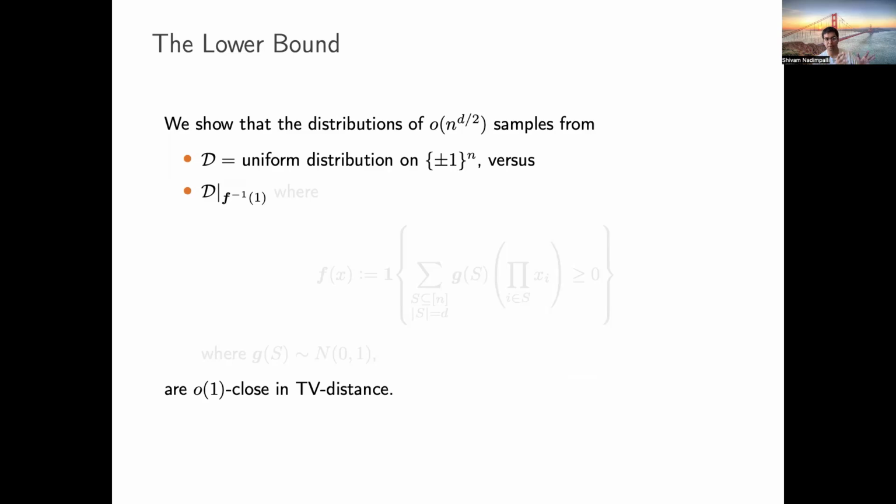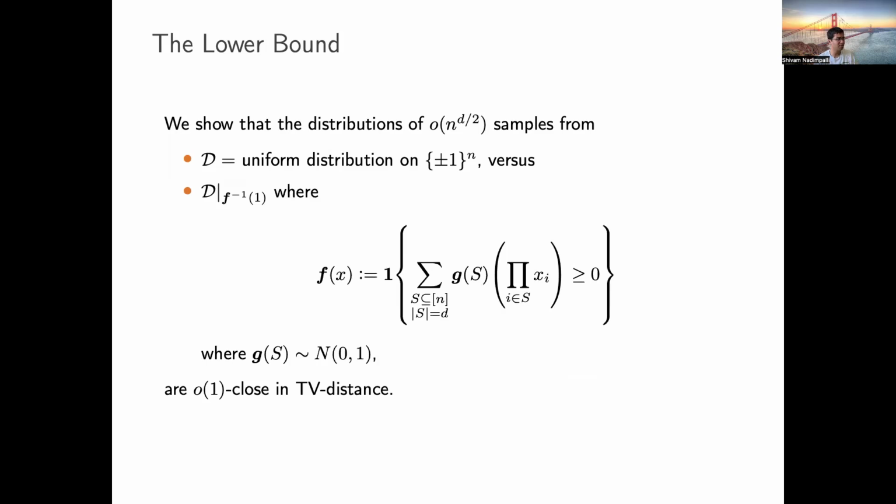I'll tell you what this distribution over threshold functions is, but we show that these two distributions are little o(1) close in total variation distance, which immediately implies that you need at least n to the d over 2 samples to distinguish between these two cases. So let me tell you what the distribution over PTFs we use is.